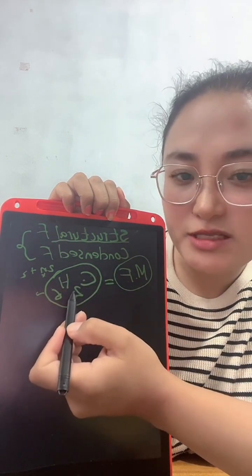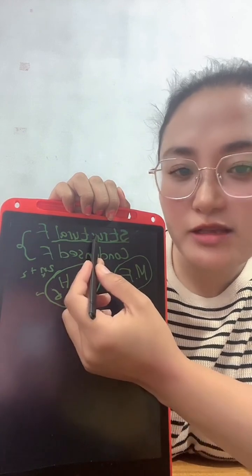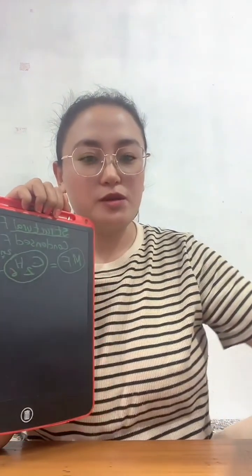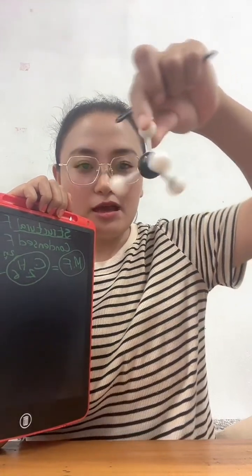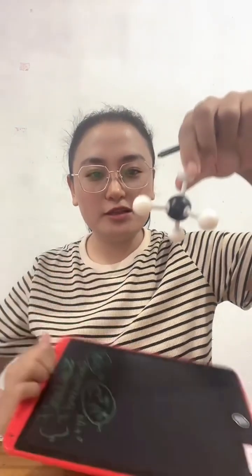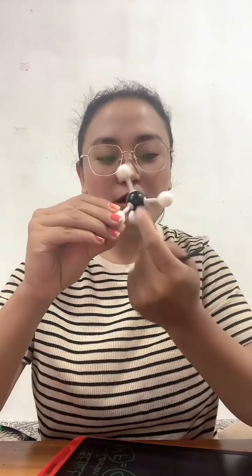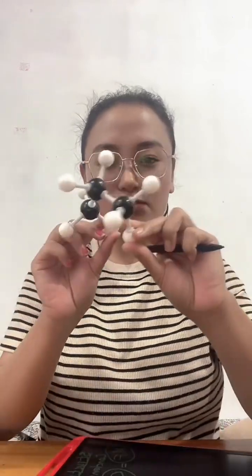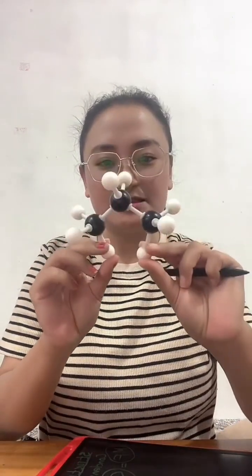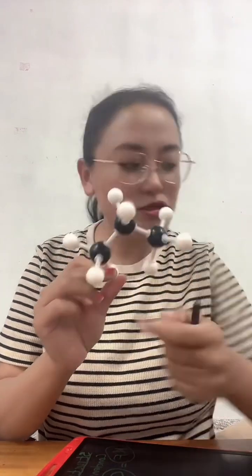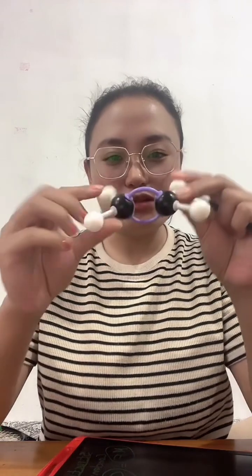For C2H6, the structural formula is like this. Carbon to carbon has a single bond, and the structural formula can also be shown in 3D. They will show you the bonds, like this one, or in some cases they give you the structural formula.